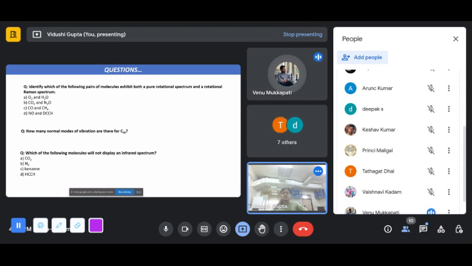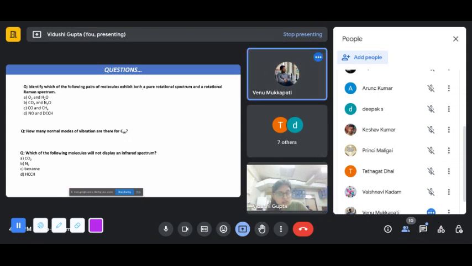What will be the condition for a pure rotational spectrum? We already discussed. Oxygen and water, okay. Anyone else?